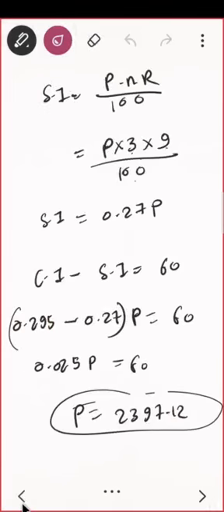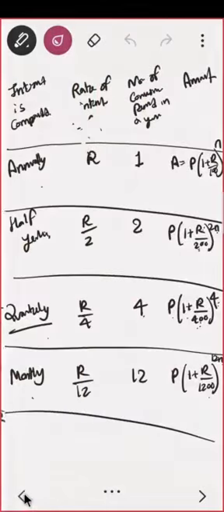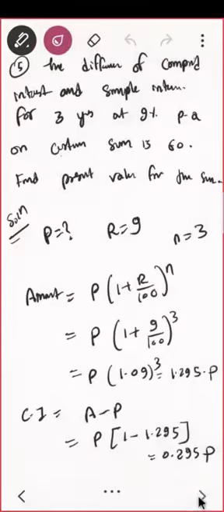I had given you a table. You see compounded quarterly like this. Annually, half yearly, quarterly, monthly. Okay, so let us see.